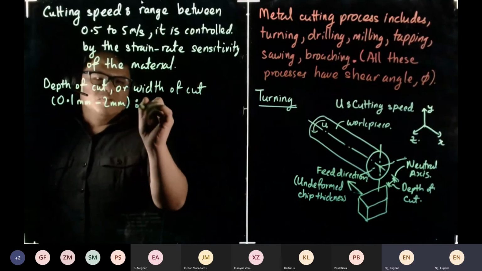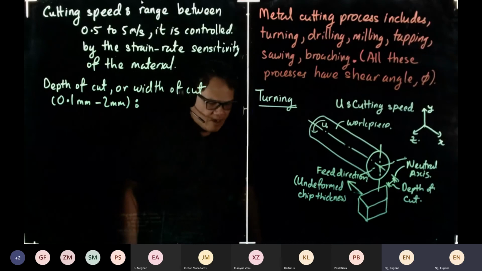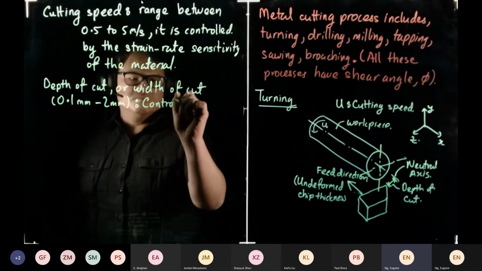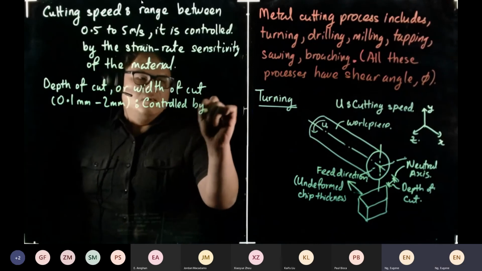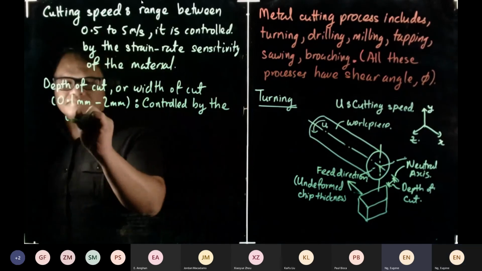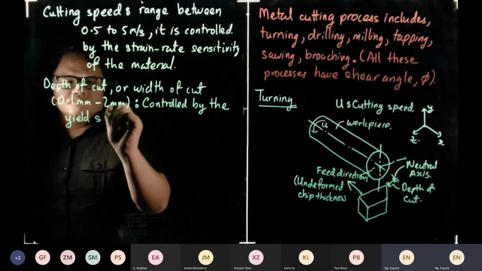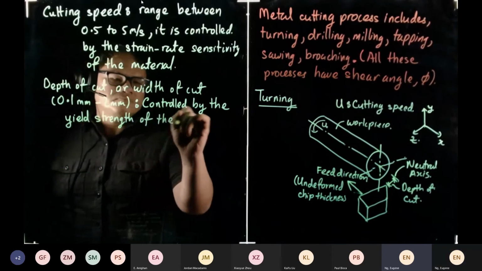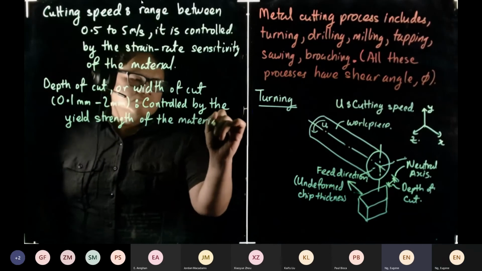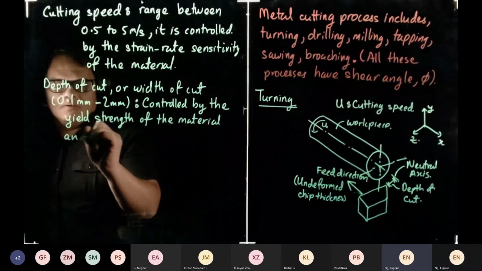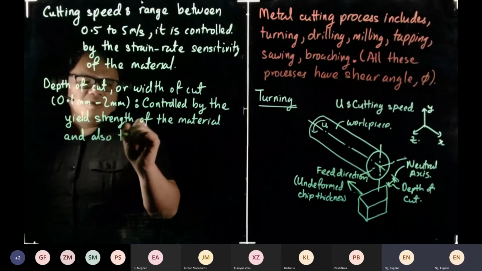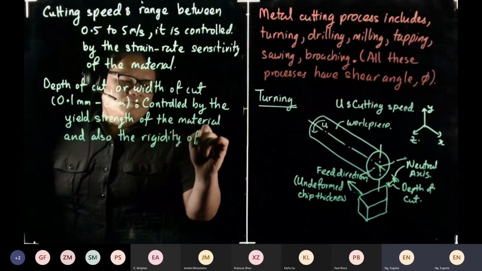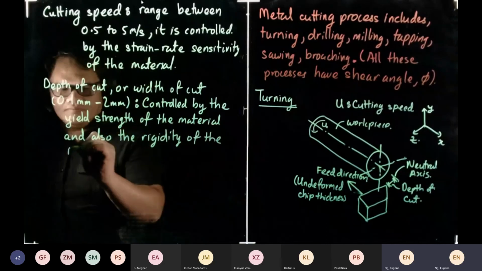So the width of cut or depth of cut is controlled by the yield strength of the material and also the rigidity of the machine.